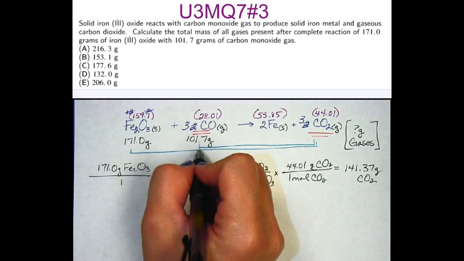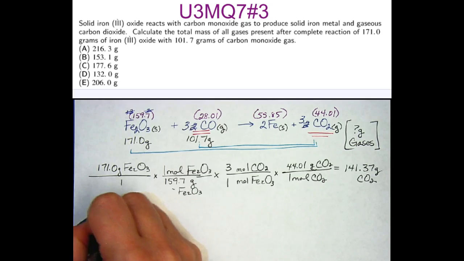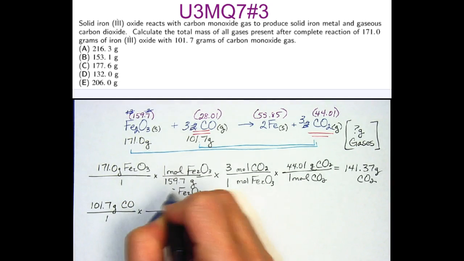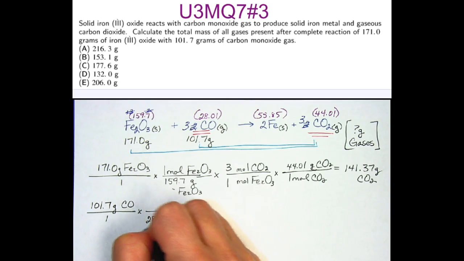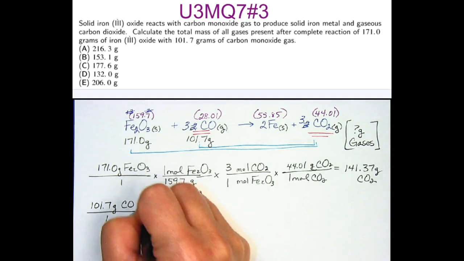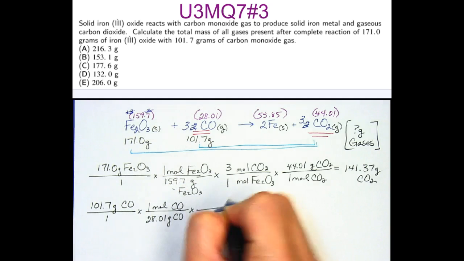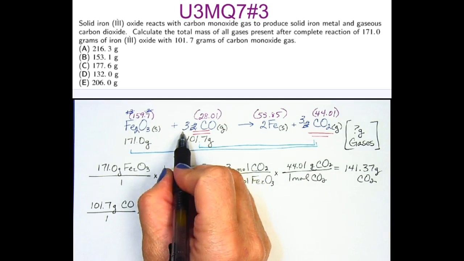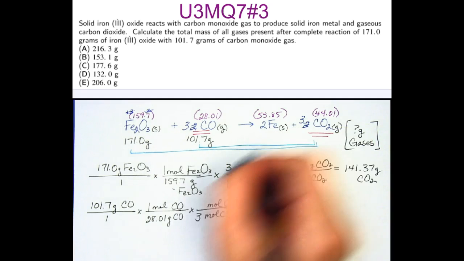Now we'll figure out, using our carbon monoxide, 101.7 grams of carbon monoxide over 1. 28.01 grams of carbon monoxide equals a mole. We'll do our mole-to-mole ratio between carbon monoxide and carbon dioxide. It's 3 to 3.